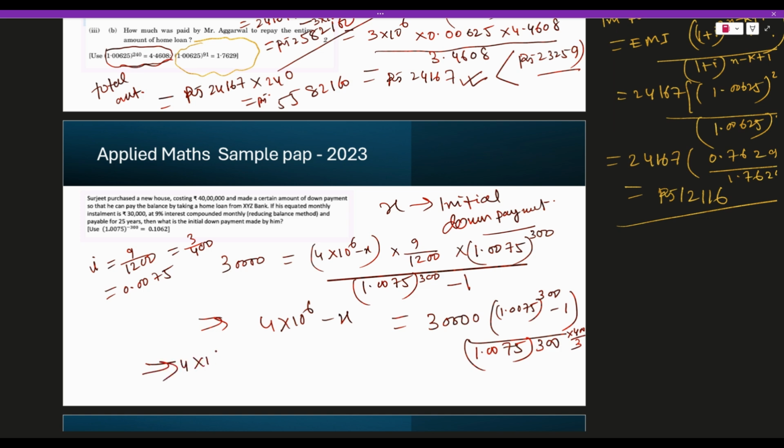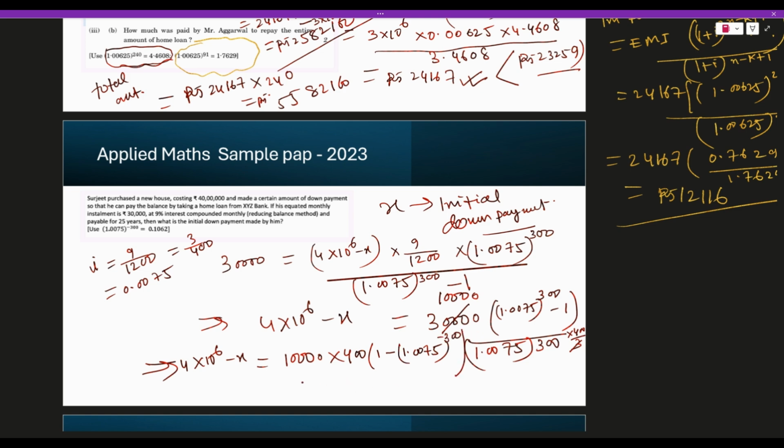Now divide by 1.0075. So 4 into 10 to the power 6 minus x is finally going to be divided by this. If you divide by this, then this is getting cancelled. 10,000 into 400 is there. You have divided by this. So it is reduced to 1 minus 1.0075 to the power minus 300.